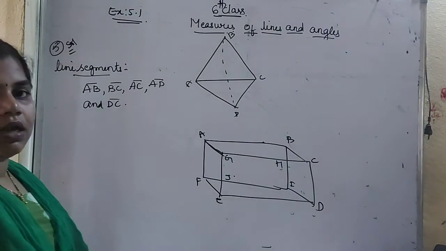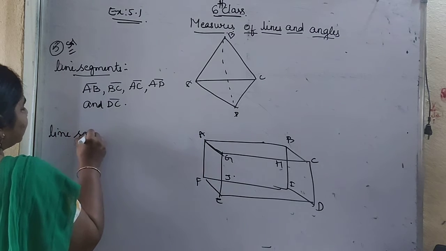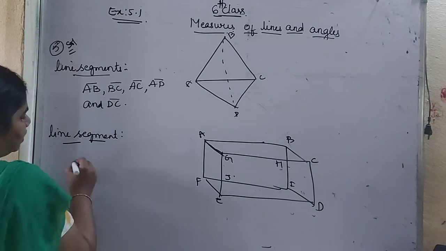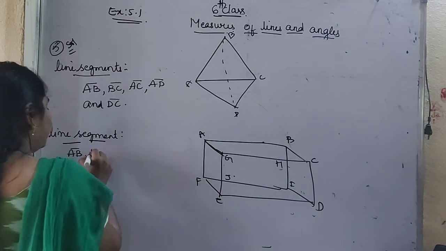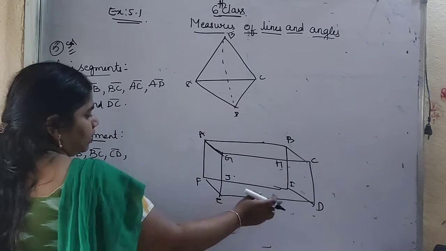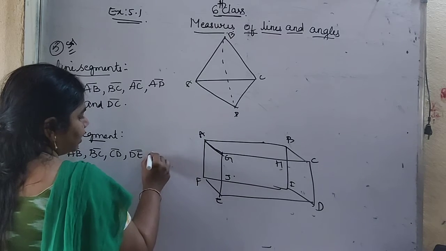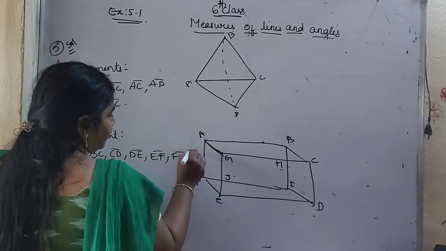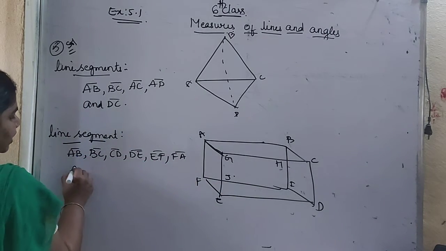So next one, Almara, you try by yourself. So for this, what are the line segments found in this box? So that is AB line segment, BC line segment, CD line segment, DE line segment, EF line segment, FA line segment. Next is this one, that is FG line segment.